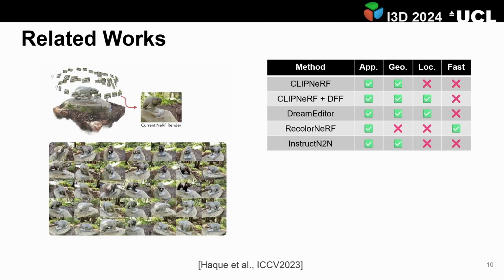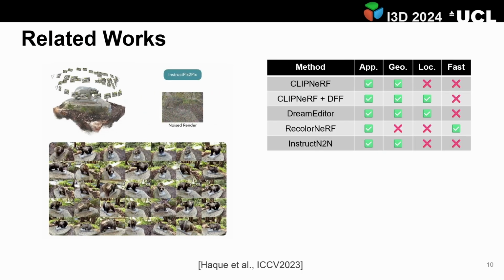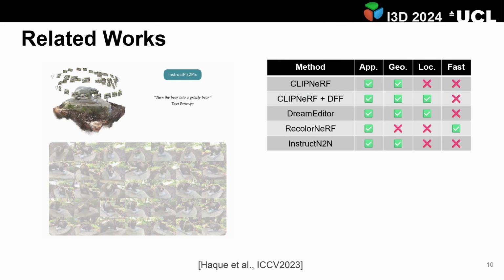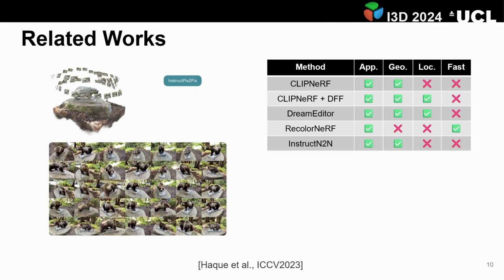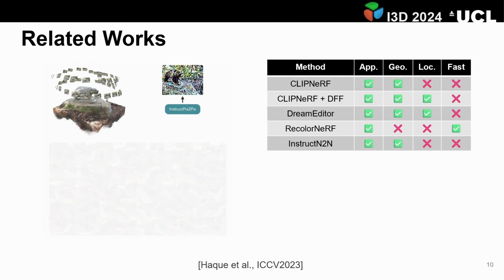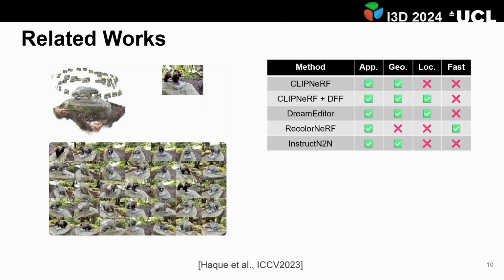To enable a more intuitive interface for editing, the most related work to ours is Instruct-NeRF2NeRF. It iteratively updates the training set using InstructPix2Pix and optimizes the NeRF. This method can preserve consistency, but it is limited by editing time cost.